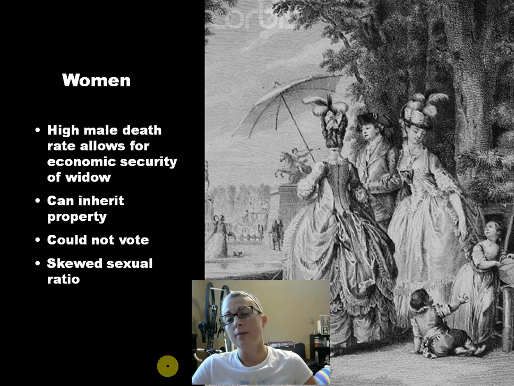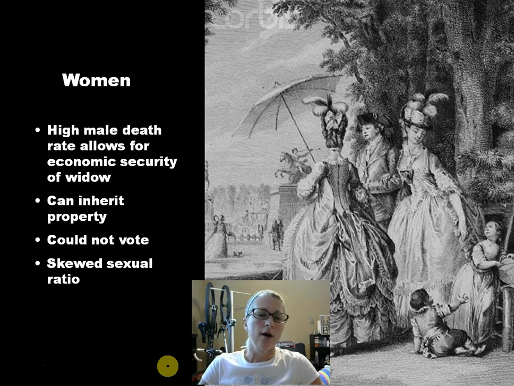Because you had a high mortality rate in the South, a lot of times when men died, women in the South were able to actually inherit that property and work the land and be the business owner of that plantation or that farm. So that's a little bit of economic freedom that some women had, but again, they'd have to wait till their husband dies for that to happen.